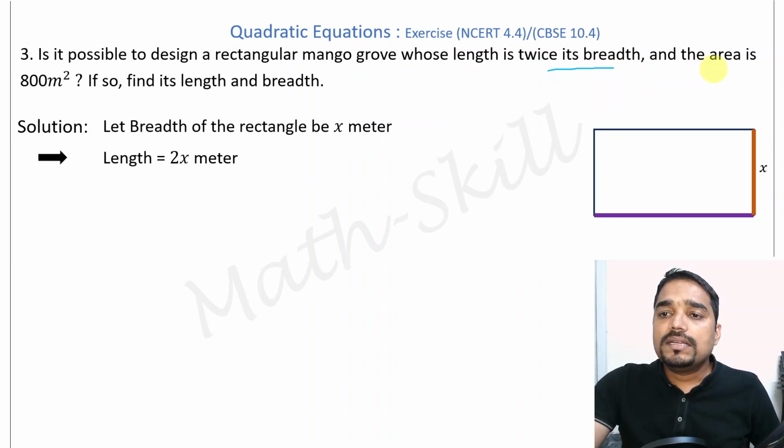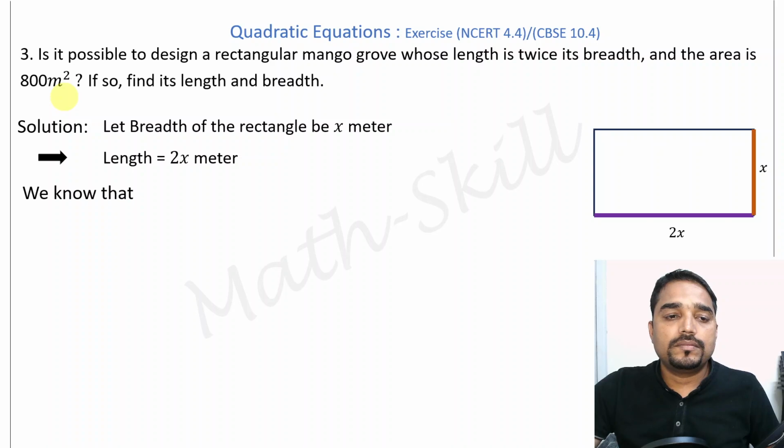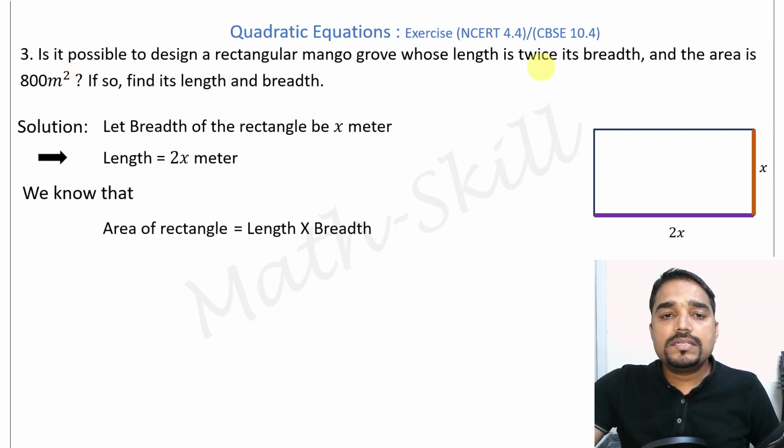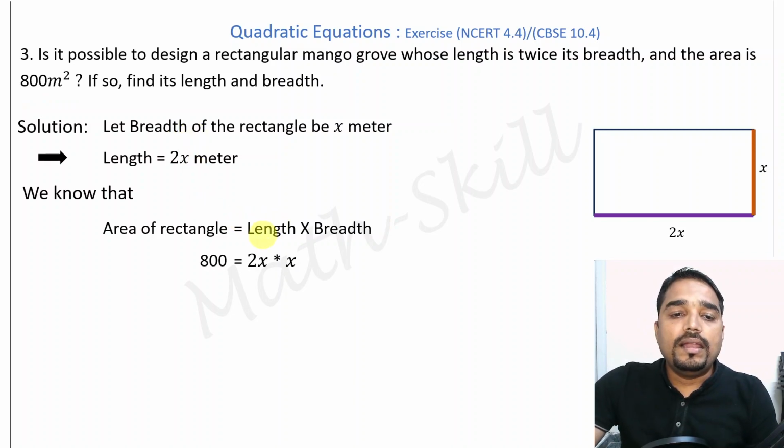Also, he says the area is 800 meter square. Now let's note down. We know that area of a rectangle is length into breadth. Since area is 800 meter square, 800 is equal to length, which we have found as 2x, and breadth, which is assumed as x.